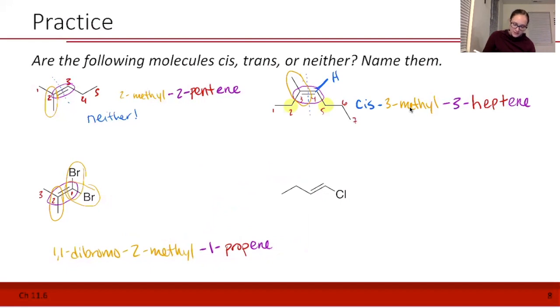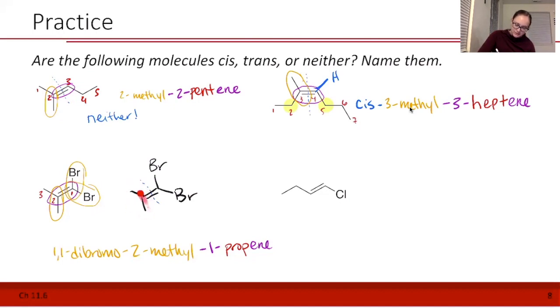Okay, and then we need to figure out if this is cis or trans. So if we put a dotted line here. Actually, I'm going to go ahead and just redraw this molecule real quick, just because it got real messy. So this is my molecule. I'm going to put a dotted line and compare each side.